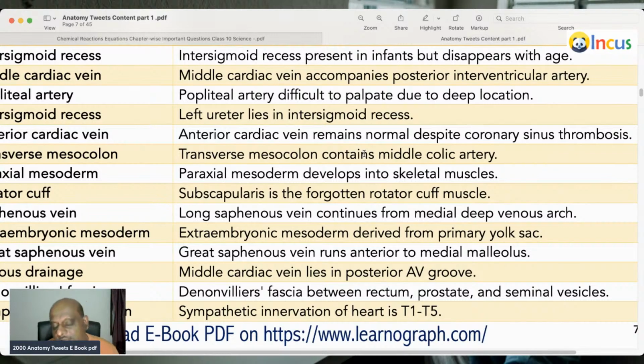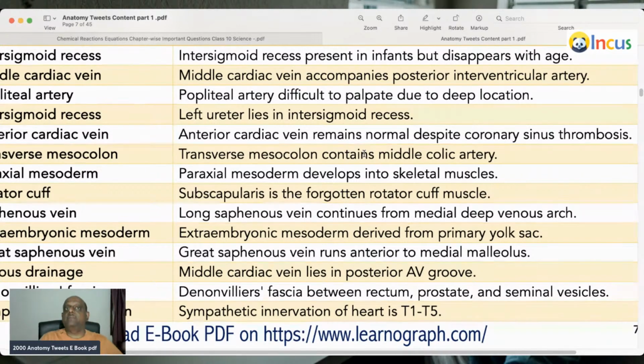In this, subscapularis is called forgotten rotator cuff muscle. Now, which vein in the saphenous veins continues from medial part of the deep venous arch? It is the long saphenous vein, continues from the medial deep venous arch.